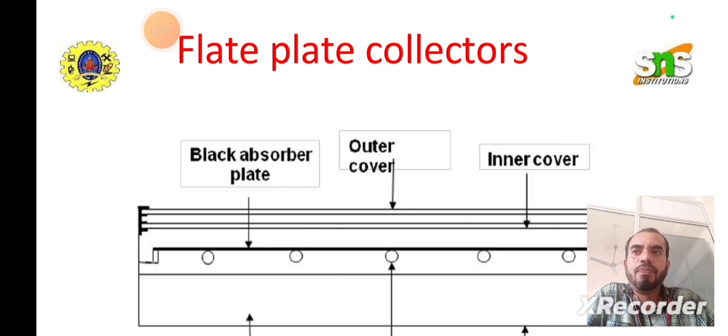A concentrating or focusing collector is one which usually contains reflectors or employs other optical means to concentrate the energy falling on the aperture onto a heat exchange surface of smaller area than the aperture.